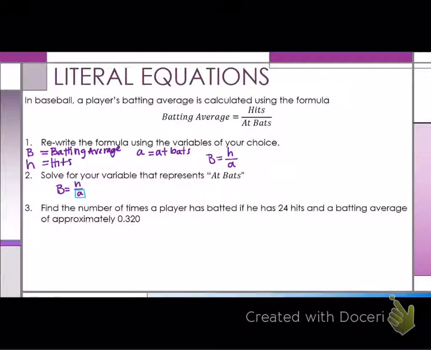So we have to multiply both sides by A. So we have AB equals H. That gets rid of any of the fractions that are there. So now we can really get A alone. Riley? You would divide by B. Yeah.